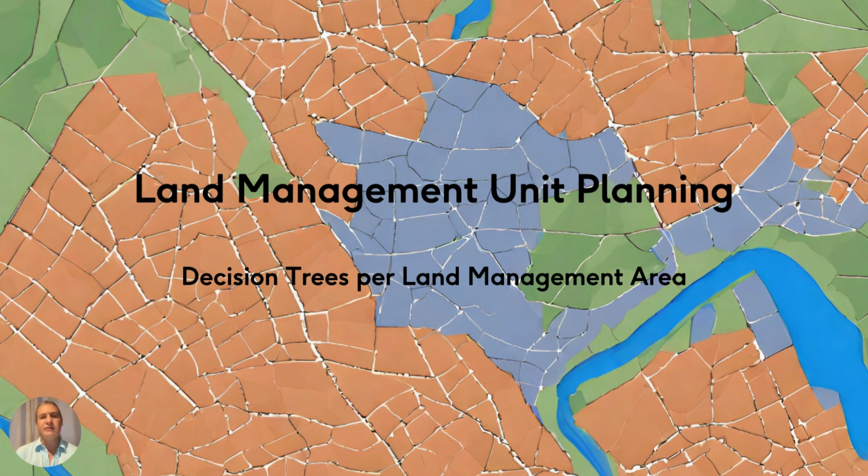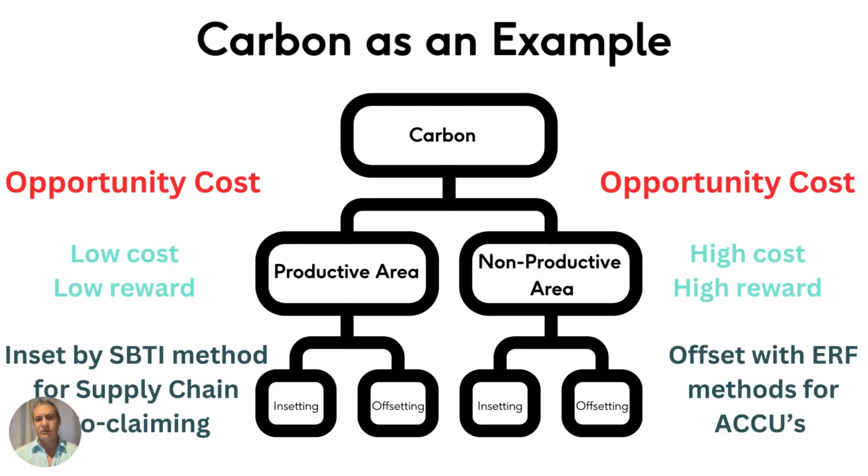So let's look at planning and what sort of decision trees a farmer might have to go through. We'll look at carbon as an example, and carbon has a high opportunity cost. So where you put your carbon projects, on productive areas or non-productive areas, is quite a big decision for most farmers to make, because it can make the difference to how you gain access to the markets, how you get paid, etc. On productive areas, you could do insetting or offsetting, but potentially using the SBTI methods, which are lower cost and lower reward, makes some sense.